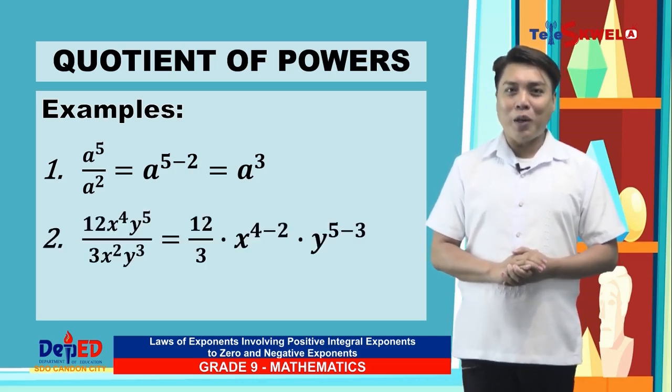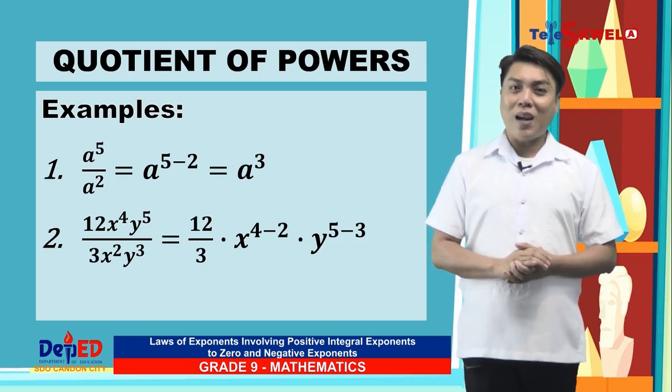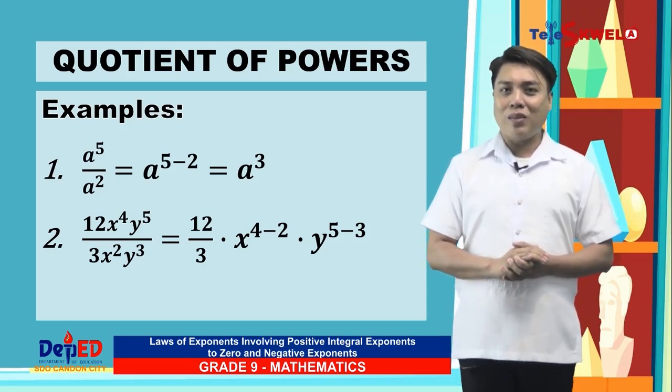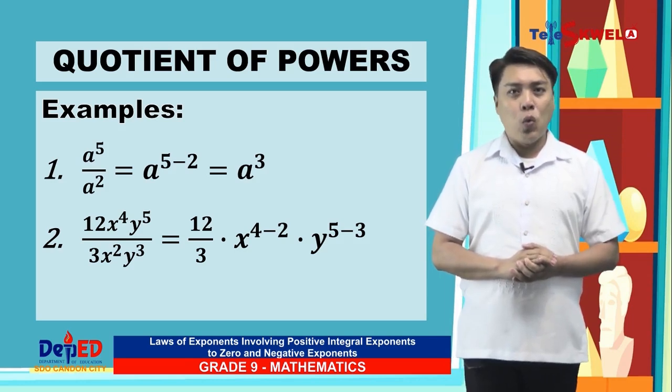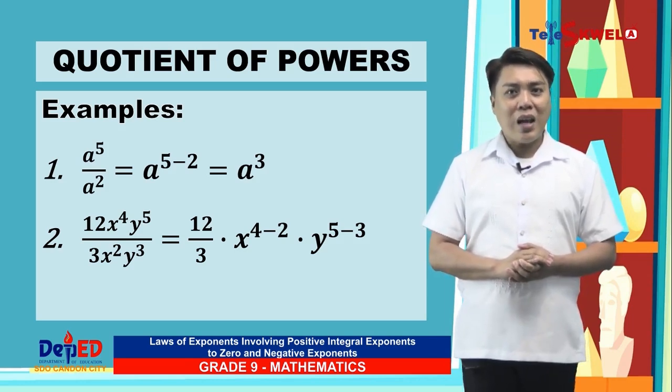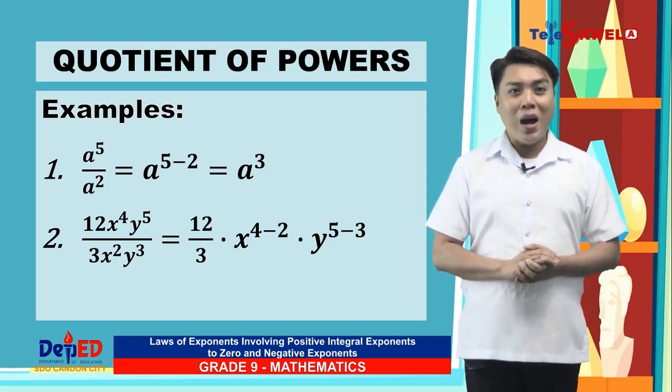Number 2, 12x raised to the fourth power, y raised to the fifth power, all over 3x raised to the second power, y raised to the third power is equal to 12 over 3 times x raised to 4 minus 2 times y raised to 5 minus 3.